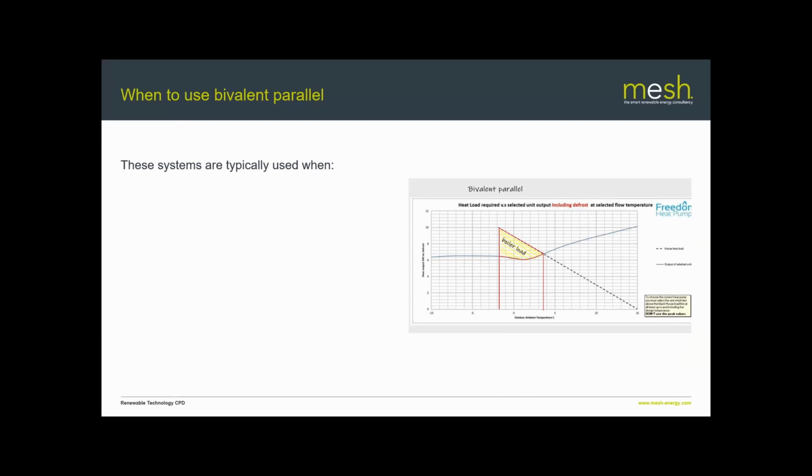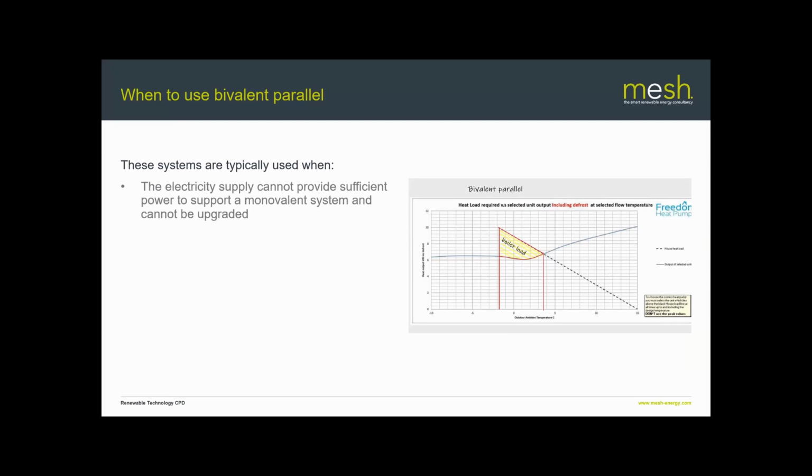Everything under the black line is the load, and the yellow shaded area is what the boiler's picking up. We'll see the contrast in how much the boiler picks up when we look at the bivalent alternative system.